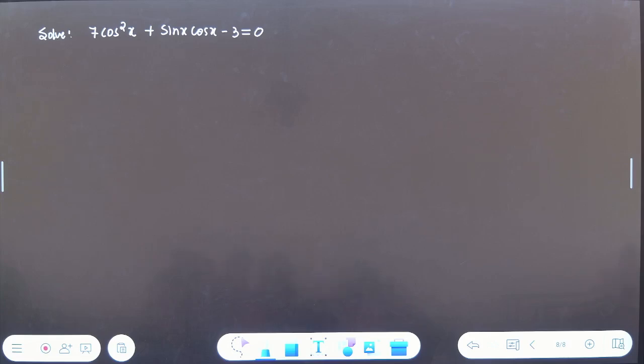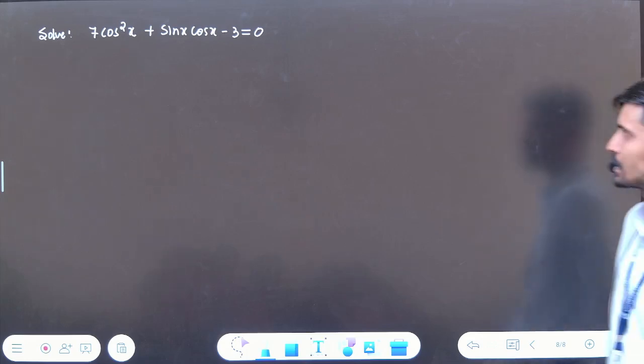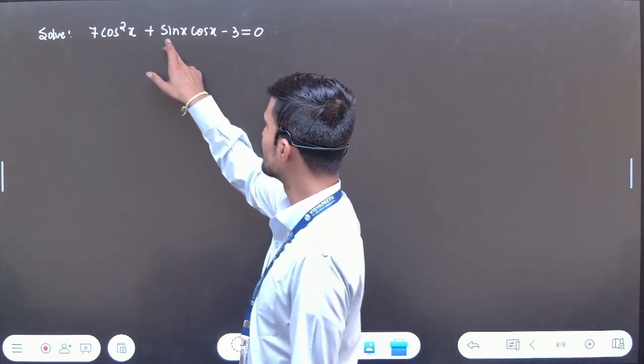So what is the problem in that equation? Suppose you want to solve that question, what is the problem? Tell me. Cos square is the problem. How is cos square the problem? Sin x into cos x is the problem.